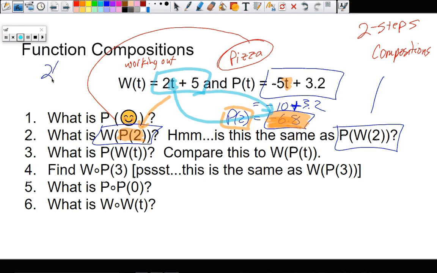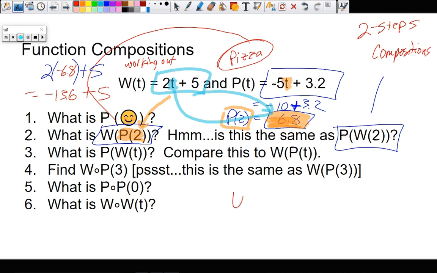We'll have 2 parentheses plus 5, and we're going to put this as negative 6.8. What's negative 6.8 times 2? Negative 13 point what? 6. And then you're going to add 5. What is that? Negative 8.6.